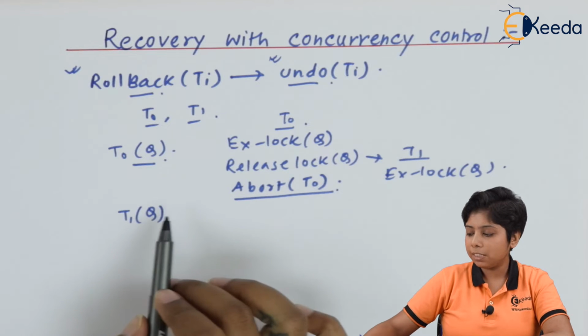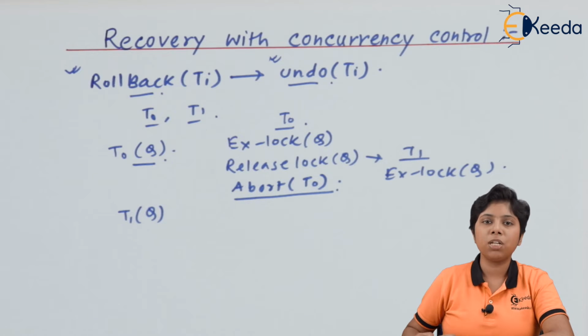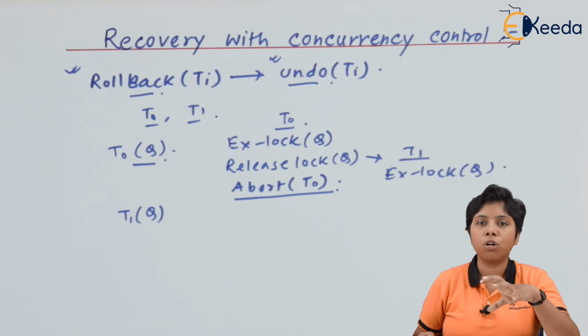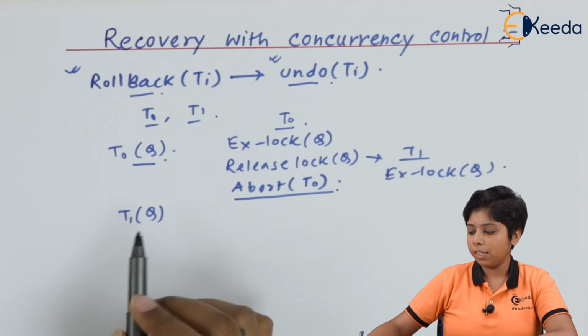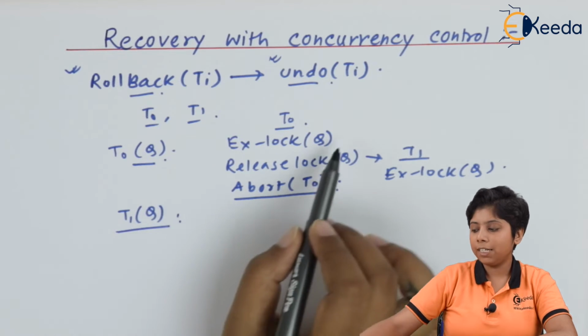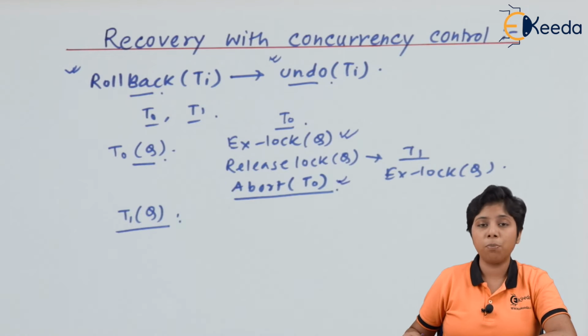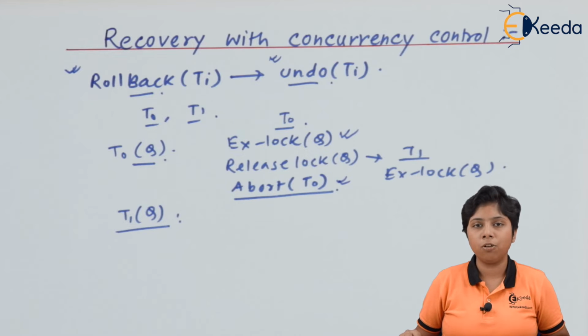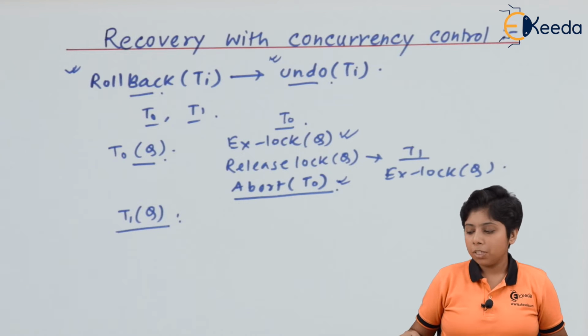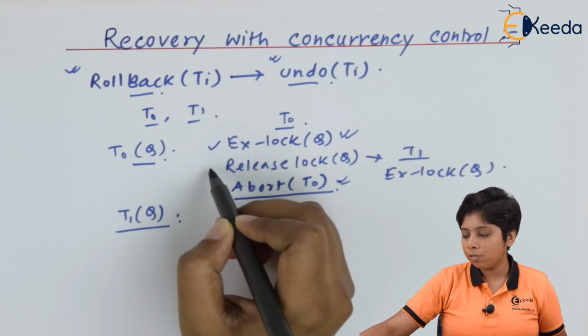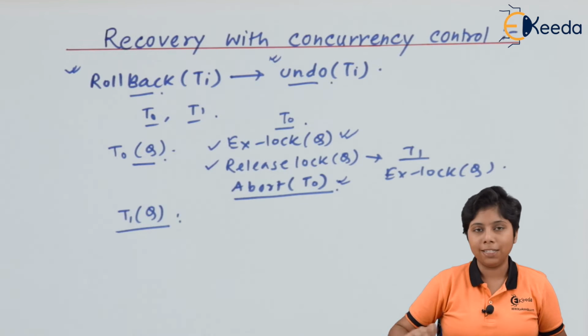But T0 has been rolled back, so T0's effect on Q we do not want to keep. Yet when T1 gets Q, it has the modified value of Q, not the undone value of Q, because T0 was aborted. So the problem is the granting and releasing of the exclusive lock.